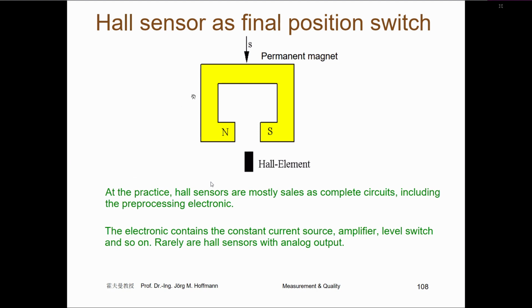And therefore, often we use this shape, that you have a north and a south directly opposite, so that you have here a very strong increase of the magnetic field when you go with your Hall element into this magnetic field, so that you have a relatively good precision to switch.